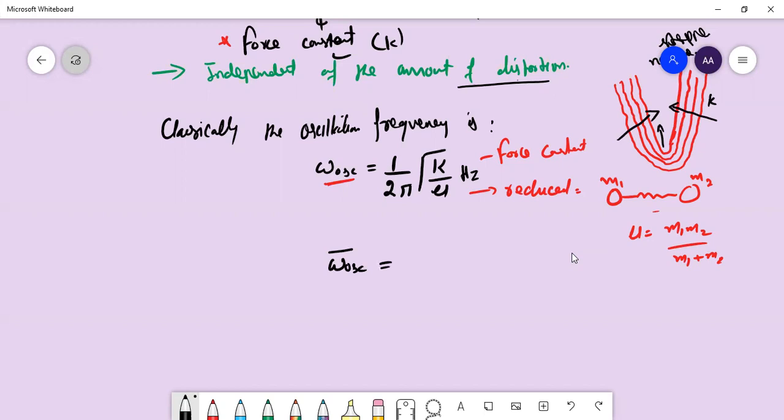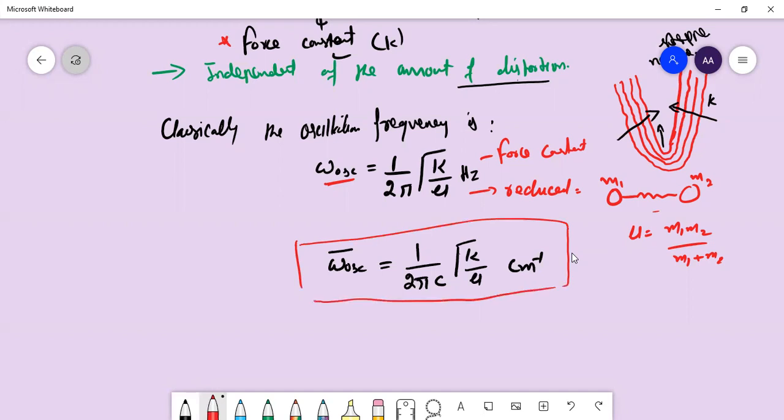Then it is equal to, I just have to divide this term by the velocity of light, that is c, and K and mu will remain constant, and now this equation will be in units of centimeter inverse.